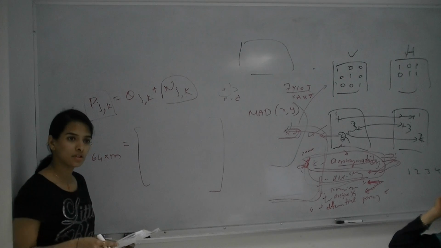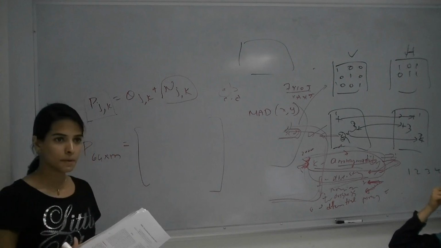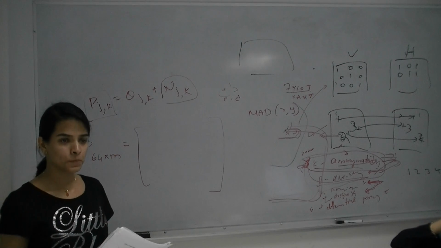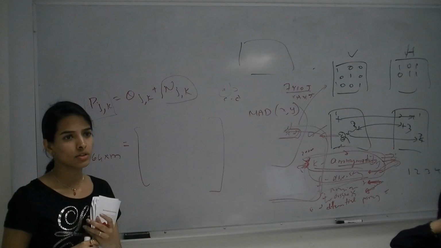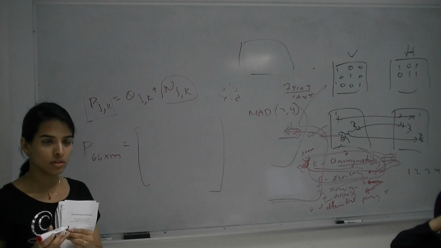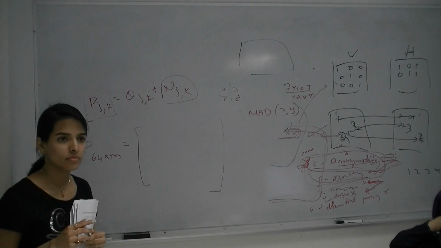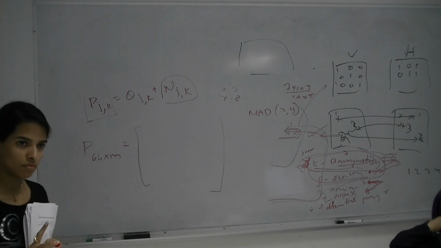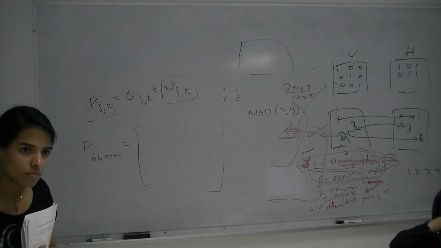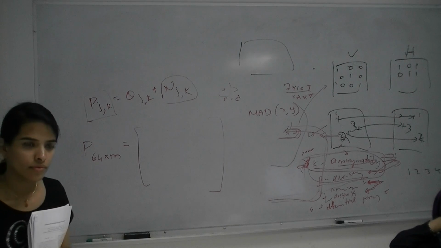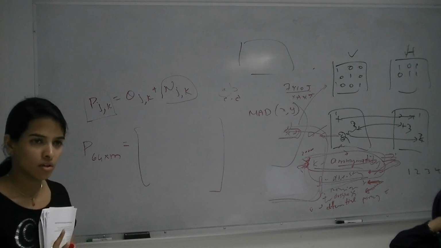So what entries in the matrix are unknown? You said to use matrix completion, right?